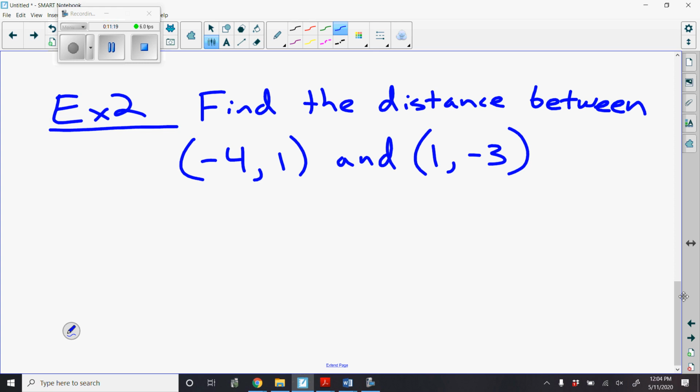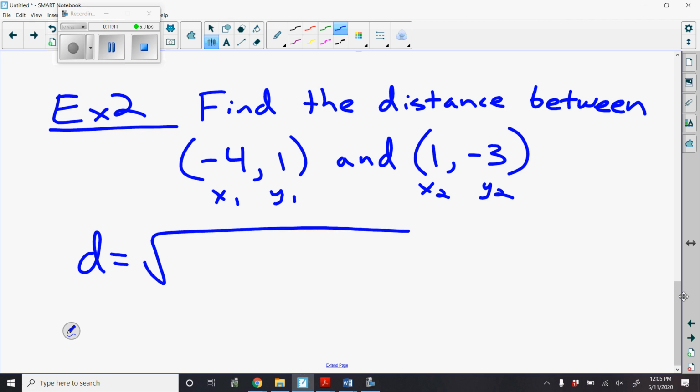Okay, so here's the problem. Find the distance between -4, 1 and 1, -3. So again, I'll write my x1, my y1, my x2, and my y2. And I'm going to say my distance equals big square root x2 minus x1 squared.